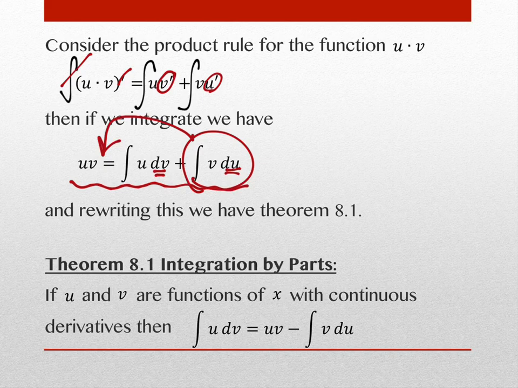So the integral of u dv, which is where I'm starting here, is equal to uv minus the integral of v du. Okay, just algebra, simplification, solving an equation. So that's fine. We can sort of visualize that we're shifting some things around with algebra.